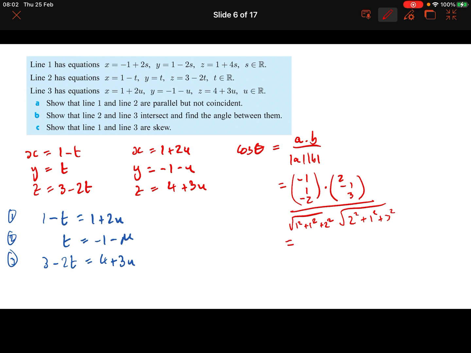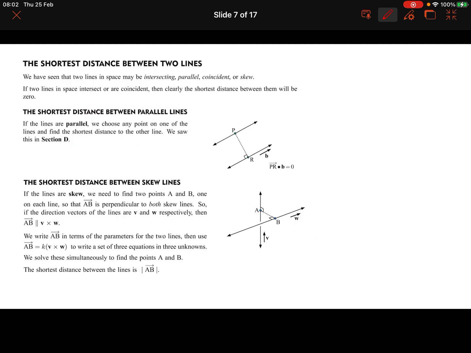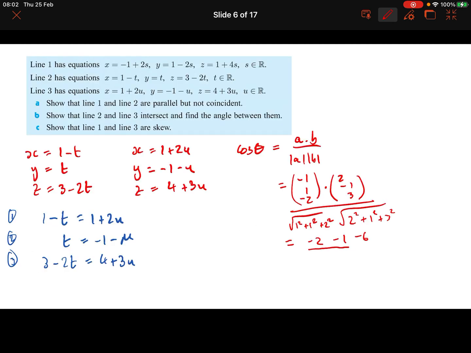Okay, so that's -2 plus -1, -6, whoops, -2 is -6, all over, that's 1 plus 1 plus 4 is root 6, and that's 4 plus 1 is 5 plus 9 is 14. Okay, that's cosine theta. So just whack it into my calculator. I'm going to use degrees for this.